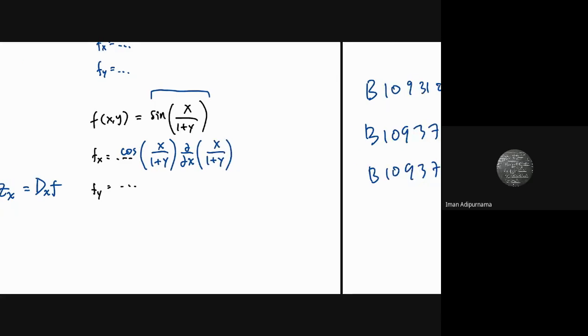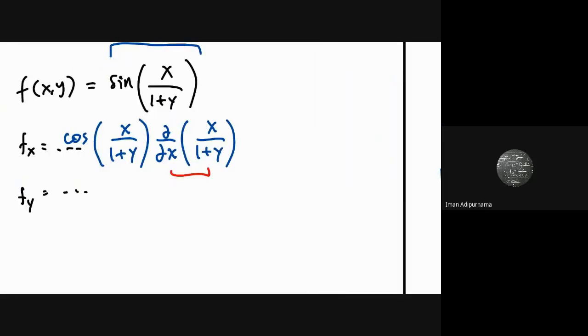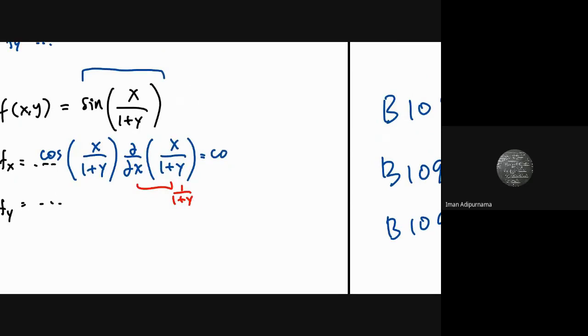This part just becomes 1 over 1 plus y because it's only with x. We differentiate with x. So this whole thing becomes cosine, and then 1 over 1 plus y.